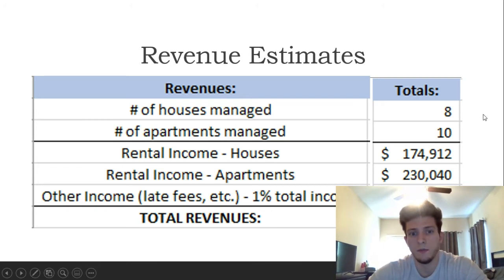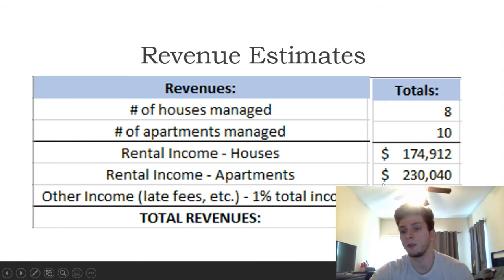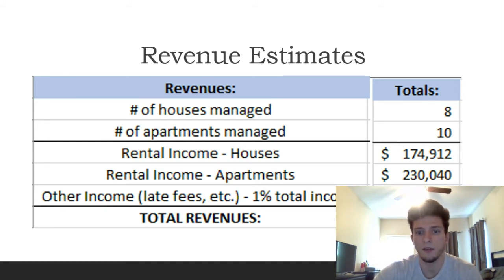So the rental income for the houses was about $174,000 per year, and the rental income for apartments was about $230,000, and that's going off of the average for the monthly rents for both of those, multiplied by the number of houses or apartments. I also added in just 1% of other income for late fees or anything like that that might come up, but that only totaled out to about $4,000 for the year. So just another little piece to add in there.